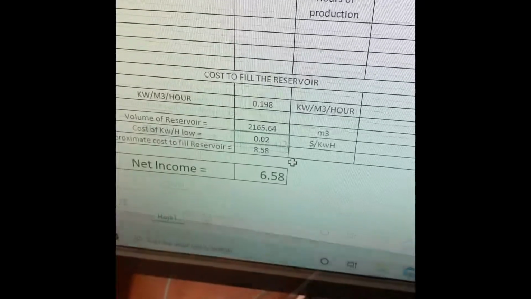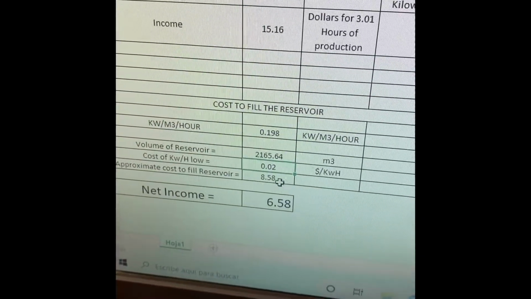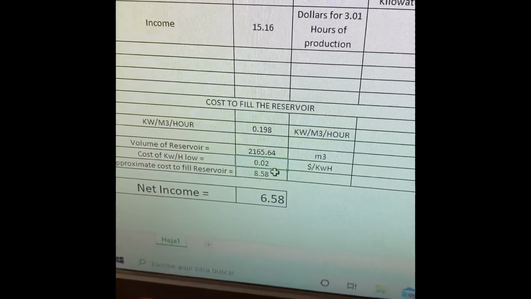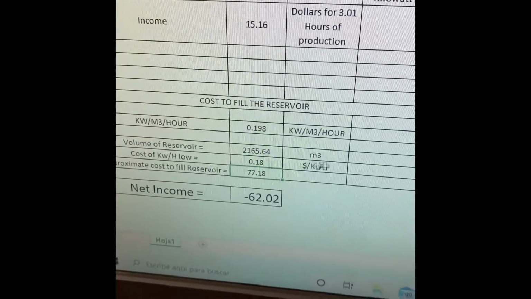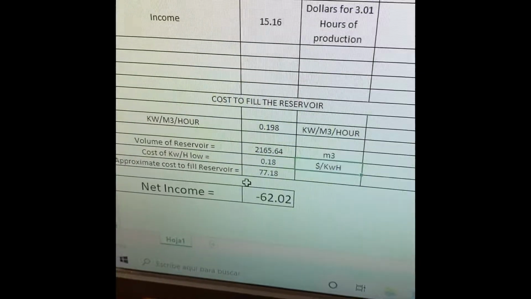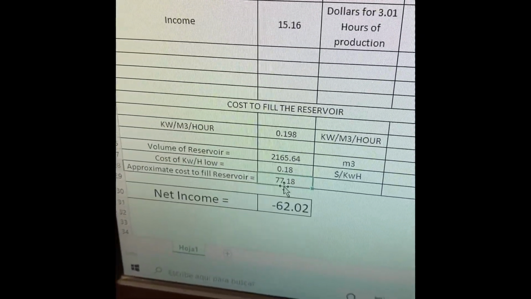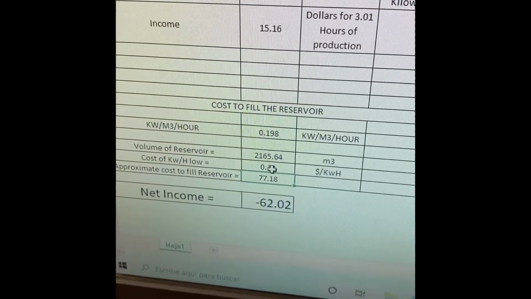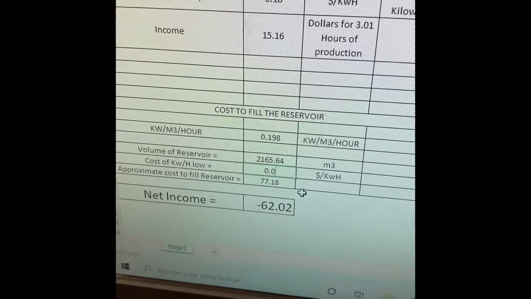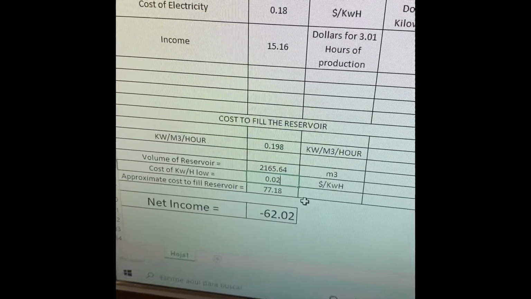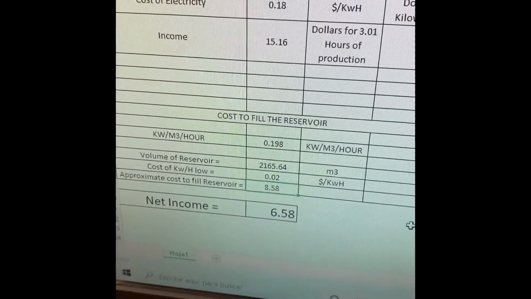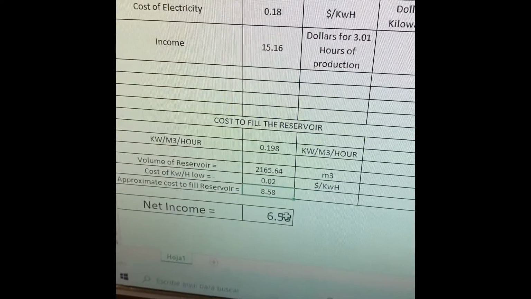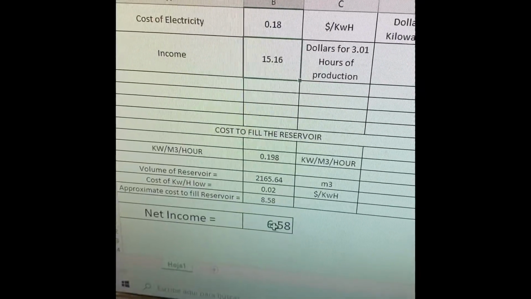For example, if I put here $0.18 per kilowatt hour, we will need approximately $77 to refill the water. But as you told me that electricity will be cheaper, how about if I put 2 cents just for the sake of this example? The cost to fill the reservoir will be around $8, and of course we will have an income from here.